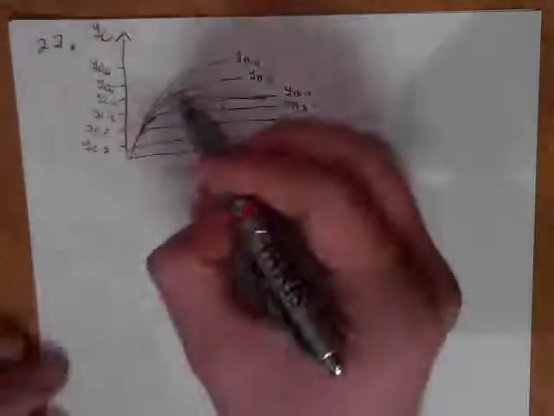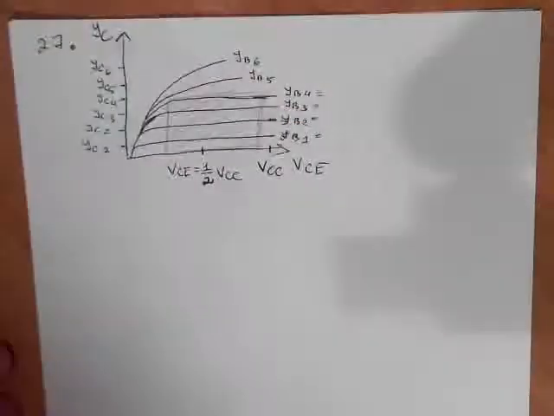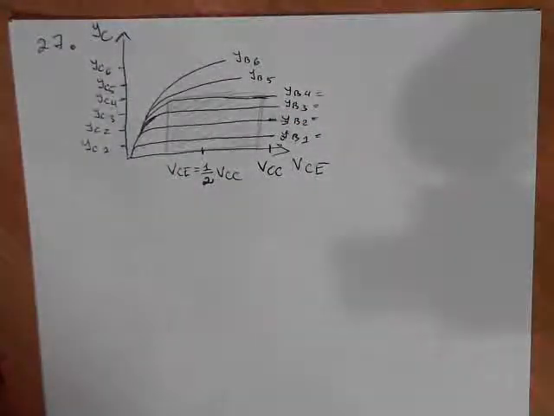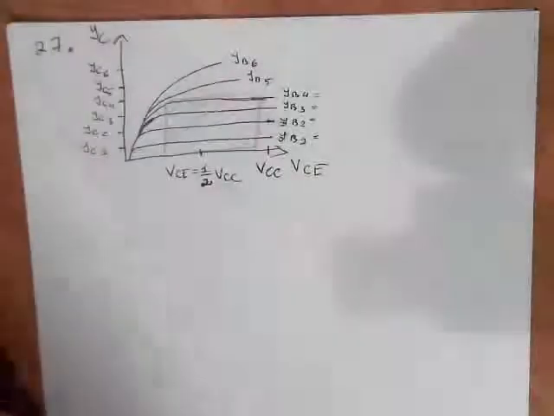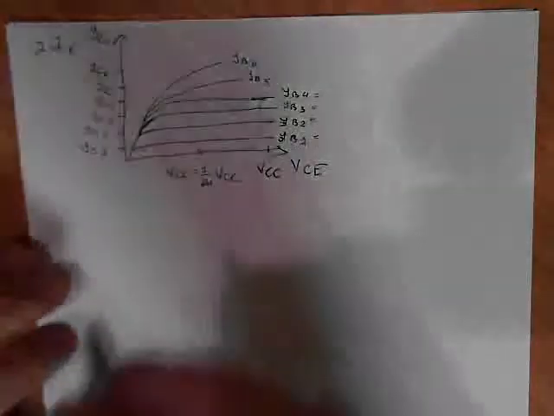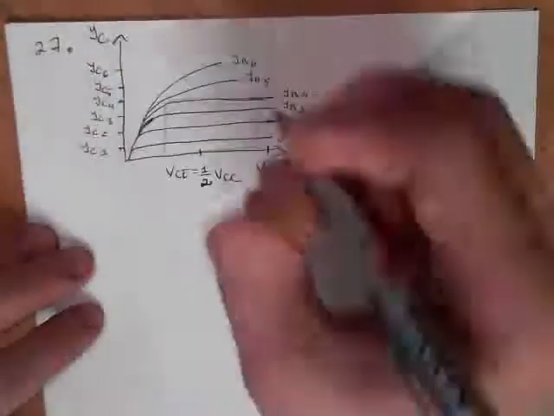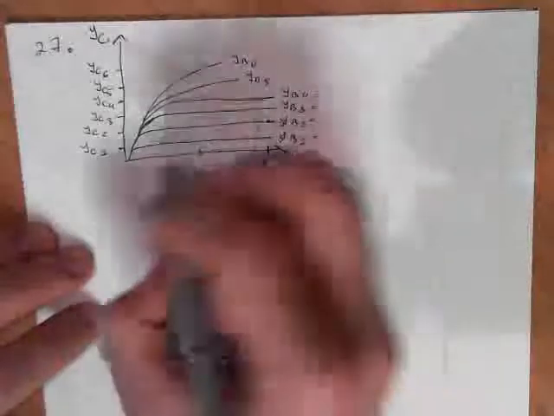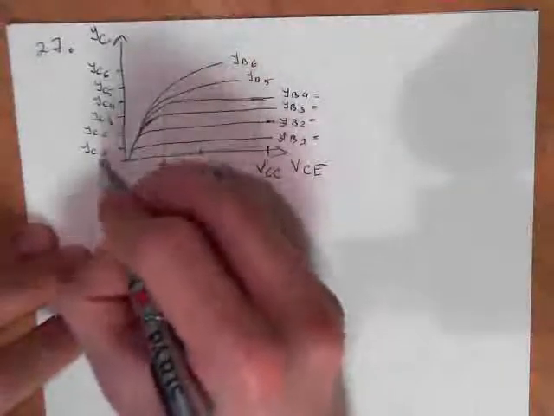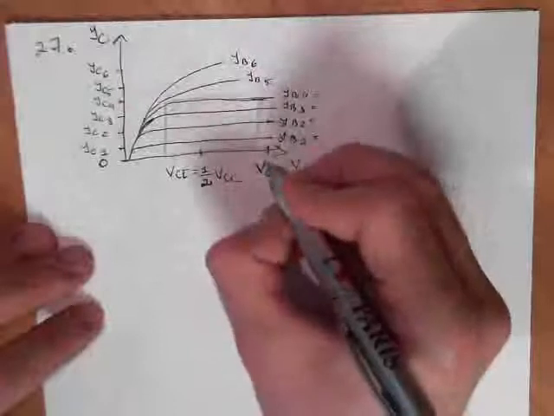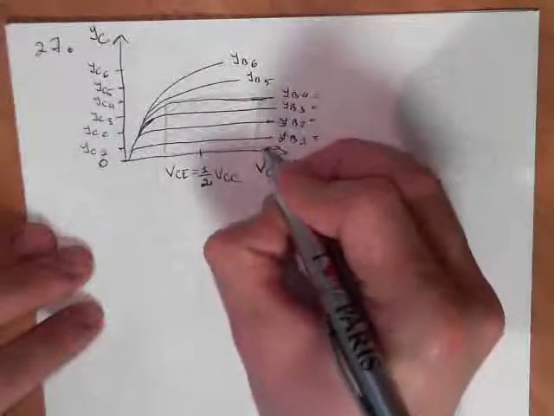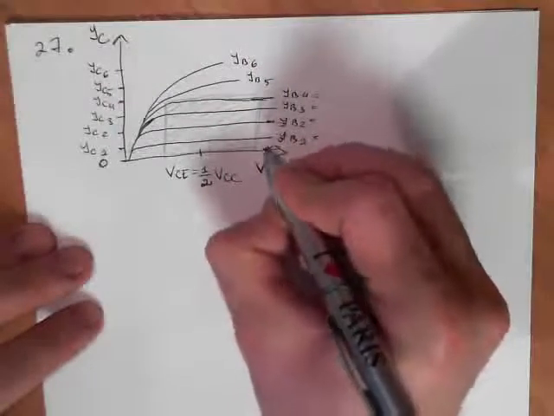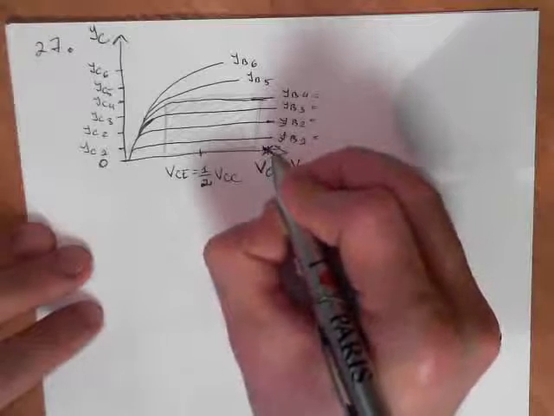Now this is called the linear region. When IC is equal to 0, VCE is the max, and it is VCC, so we mark an X here.